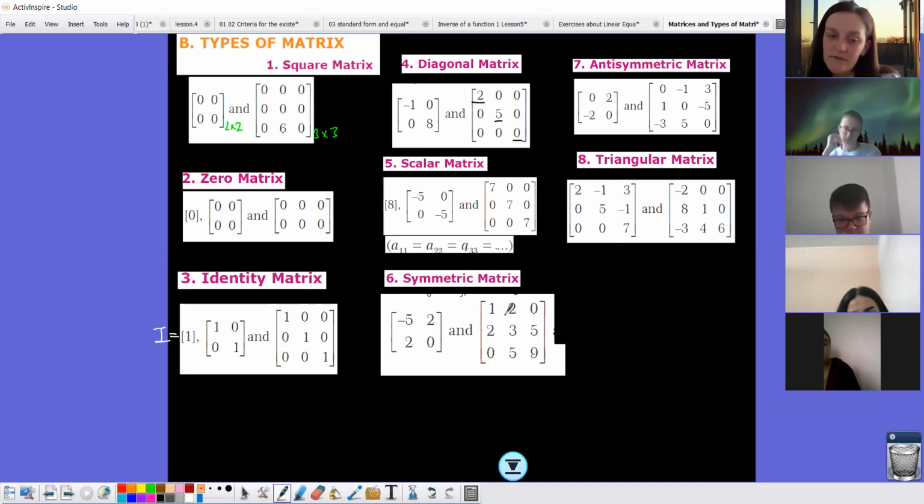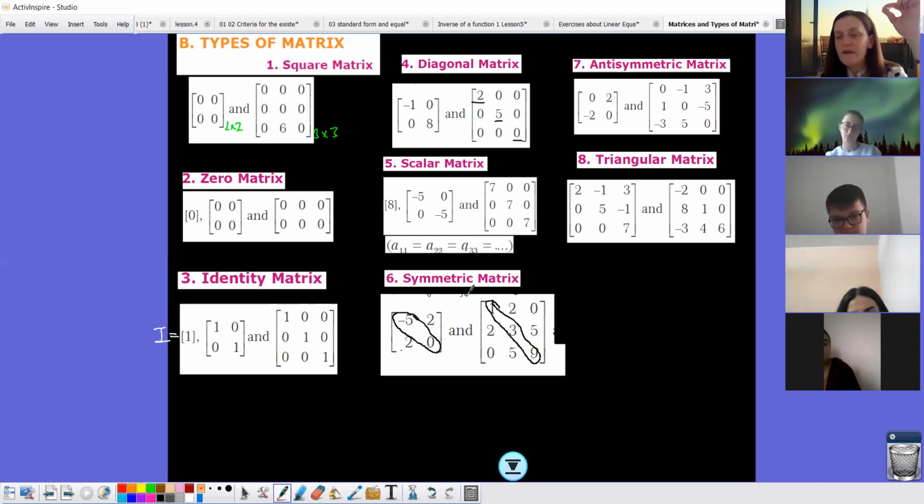We have the diagonal, and the other entries are symmetric, as you can see: 2, 2, 0, 0, 5, 5. The diagonal is the boundary, and the other entries are symmetric to each other, okay?